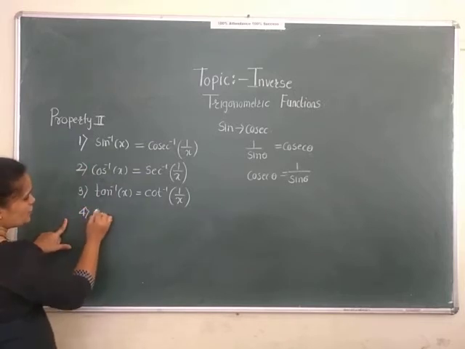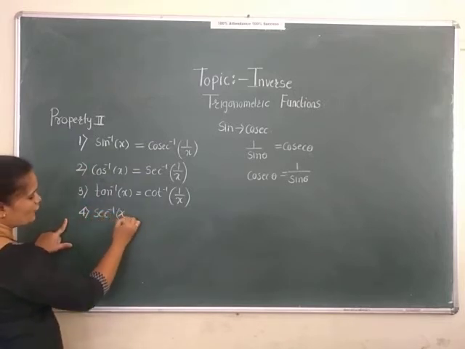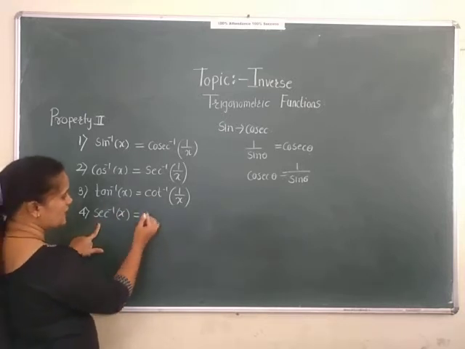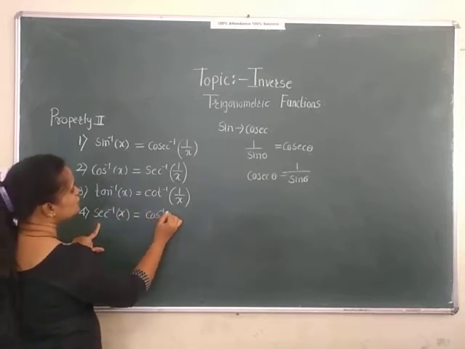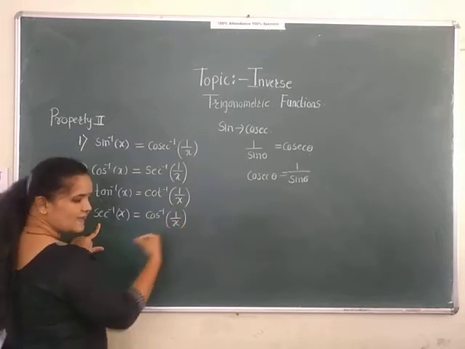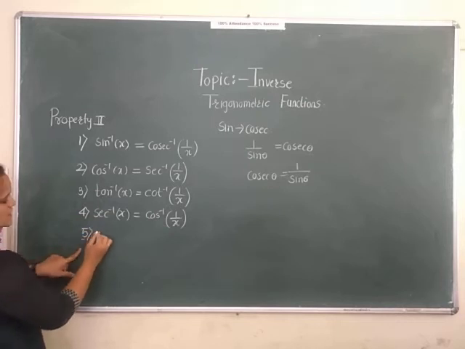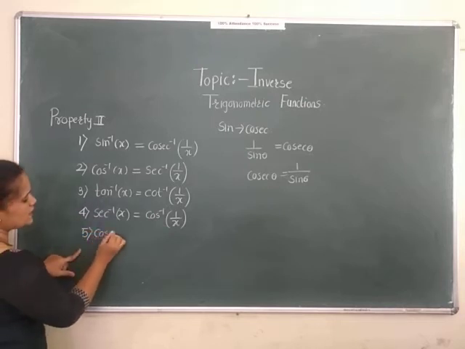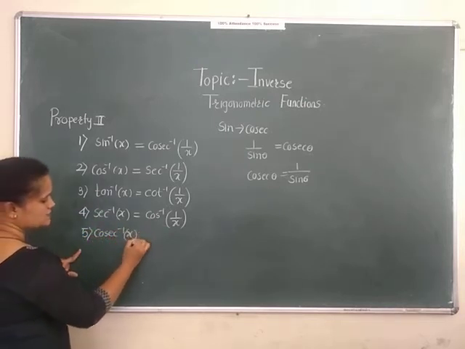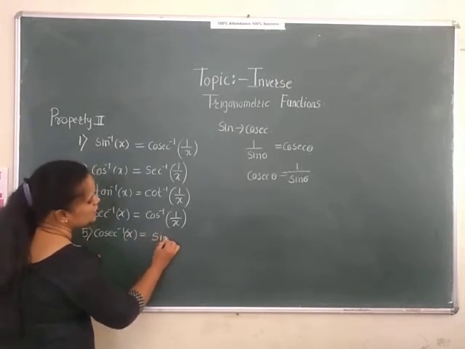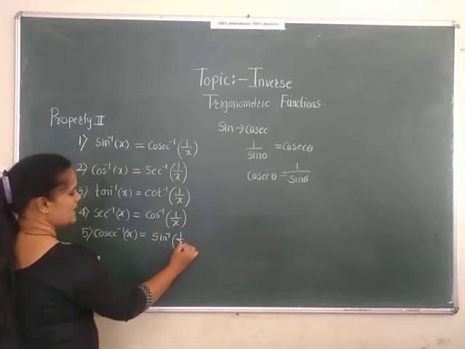Fourth one is for sec inverse of x is equals to sec inverse का रेसिप्रोकल क्या है, that is cos inverse of 1 by x. And fifth one is for cosec inverse of x is equals to cosec inverse x का रेसिप्रोकल है sin inverse of 1 by x.